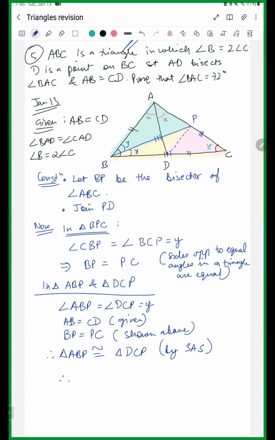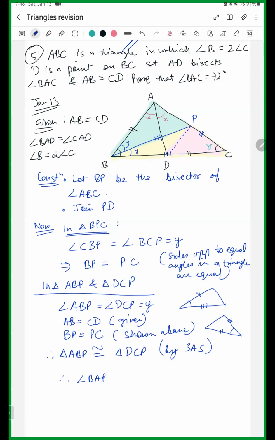Now, if they are congruent, let me show you what these two triangles look like. This one and this one: this side is equal to this side, and this angle is equal to this angle.